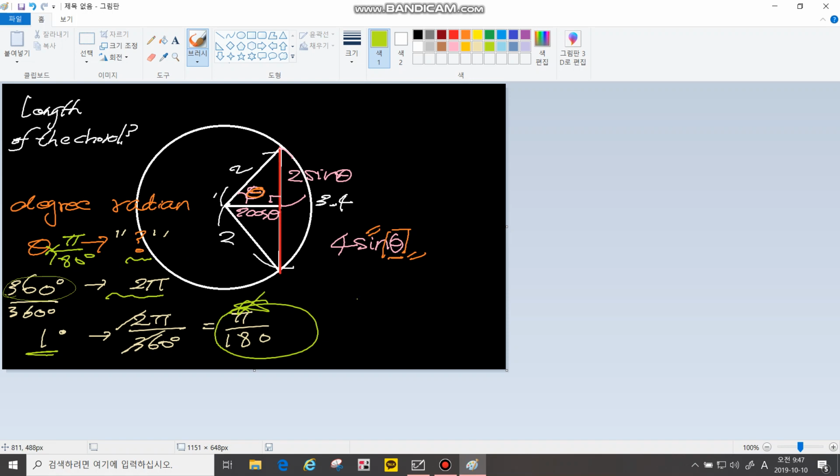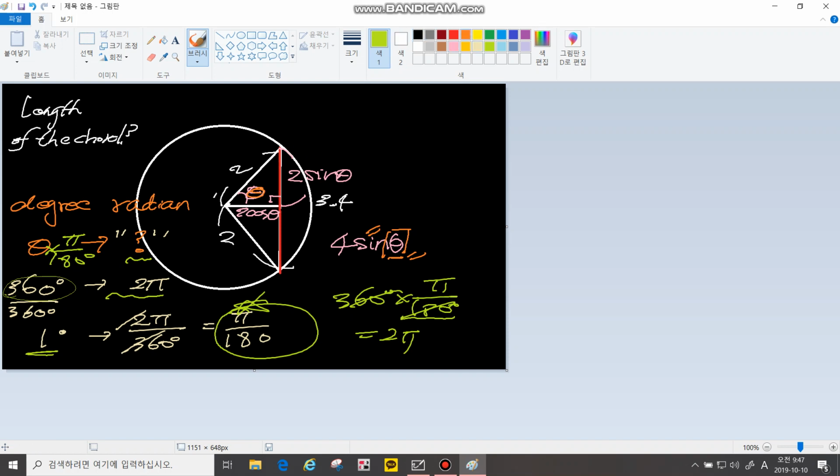So think about multiplying pi over 180 to that, right? Then you will get 2 pi exactly. You know what I mean? So why did I do this? Because I want to turn degree into a usable number, like a real number. Like I said, a radian is a real number. So now let's try solving this one here.